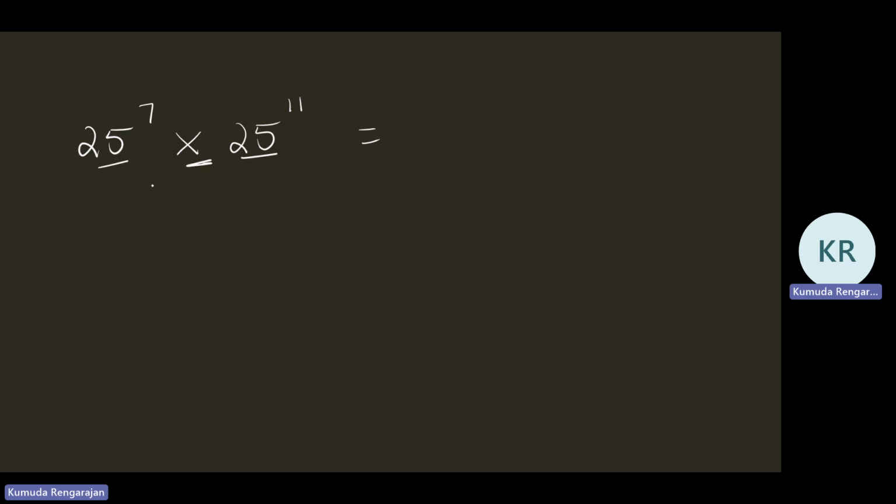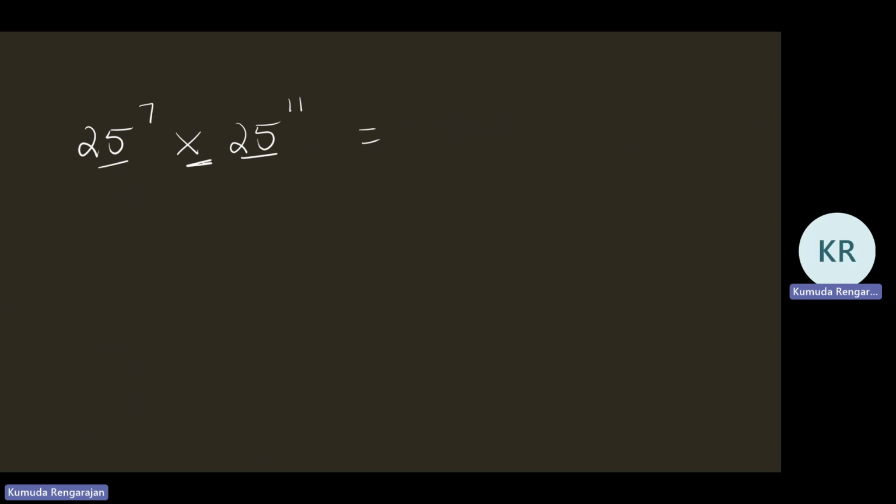Yeah, repeated addition is multiplication. The meaning is 25 is multiplied with itself 7 times. 25 to the power 7 means 25 is multiplied with itself 7 times. 25 to the power 11 means 25 is multiplied with itself 11 times.